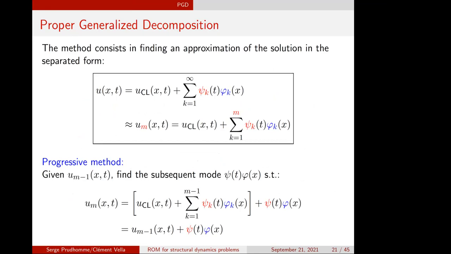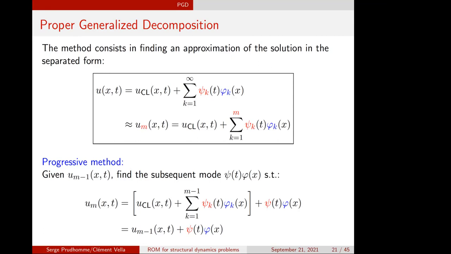So now I would like to explain to you why I wanted to introduce this Lagrangian and Hamiltonian formalisms. It's going to be very important when we consider the PGD decomposition, the PGD method. I think some of you know what the PGD is.